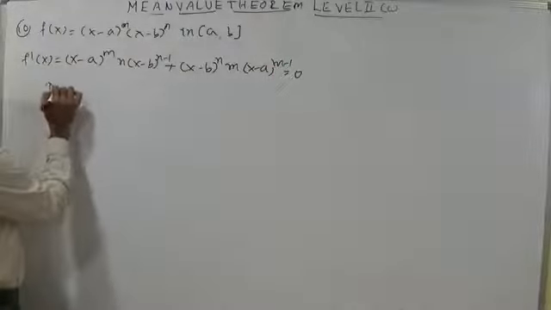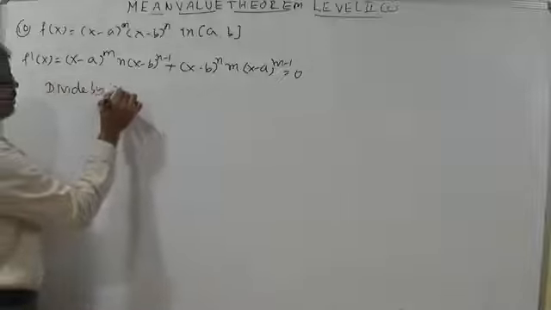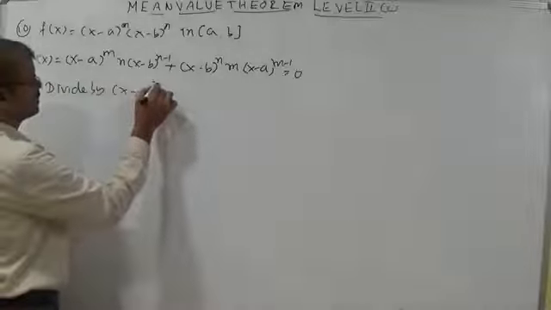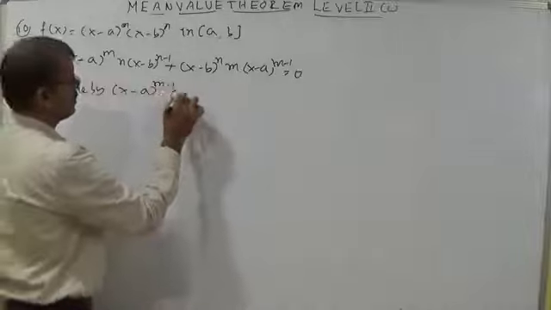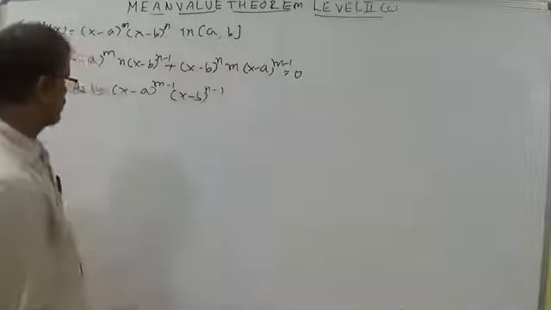Now let us take common, I am writing here (x - a)^(m-1) into (x - b)^(n-1).